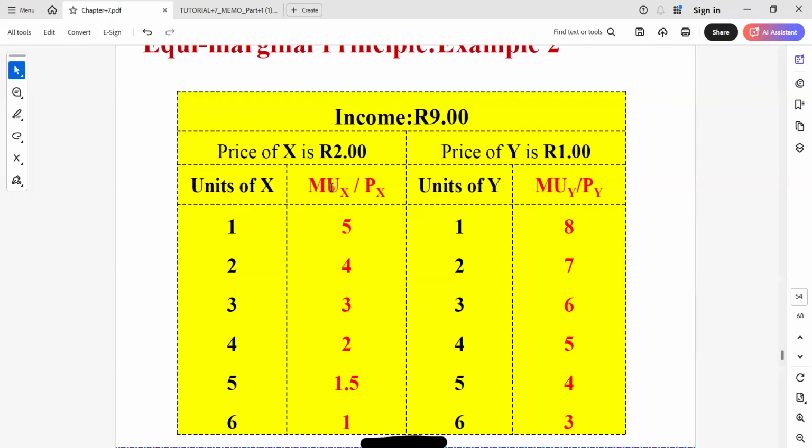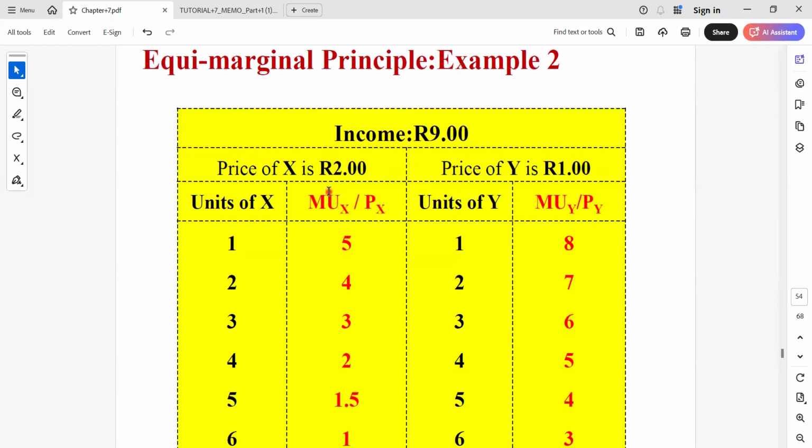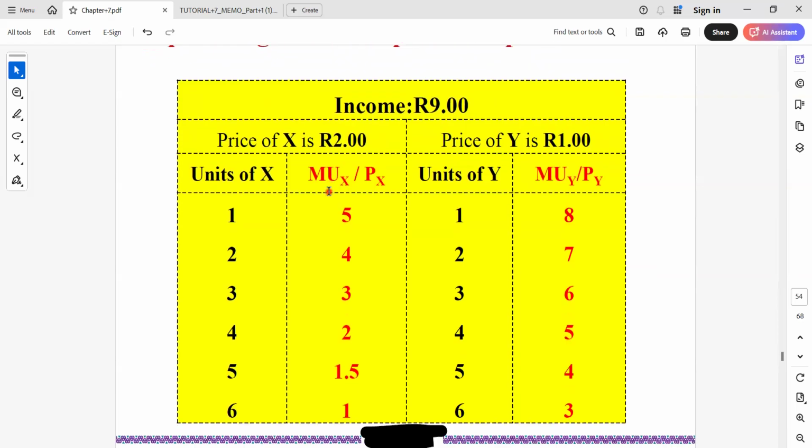Because we have two goods, first of all we have to find where your marginal utility per rand is the same. Remember, when we had one good, we had to find where your marginal utility is the same, right? But now we're going to find where your marginal utility per rand is the same.